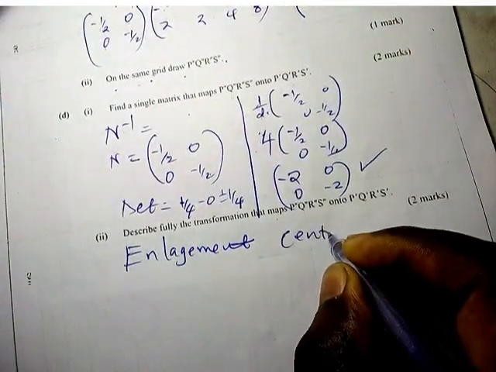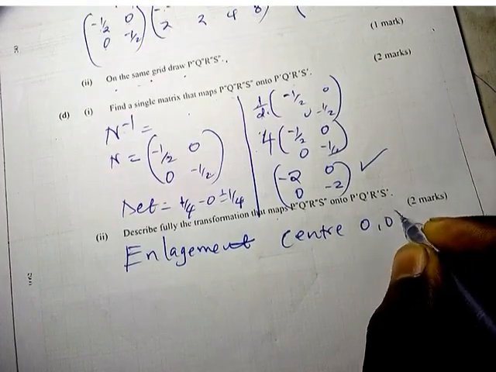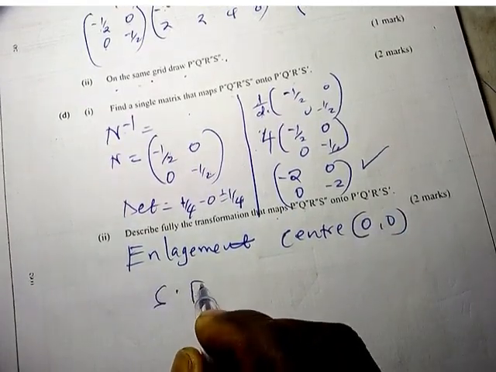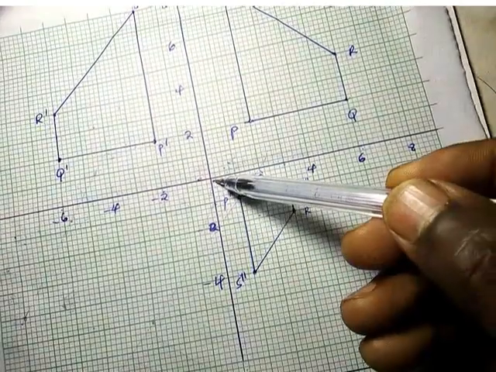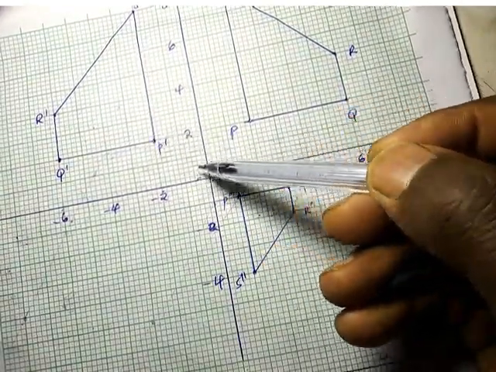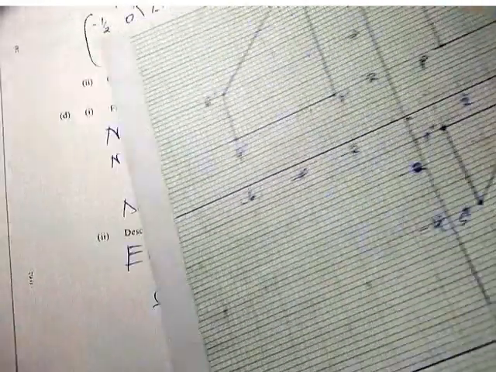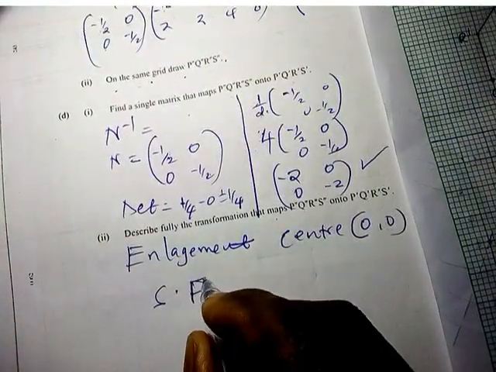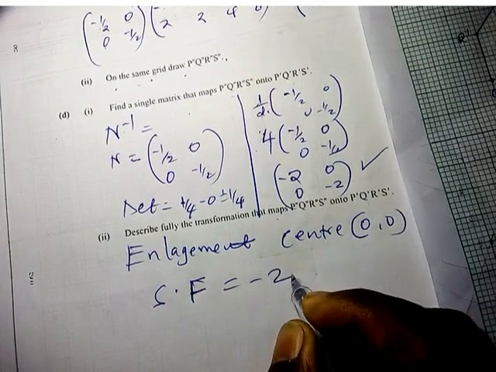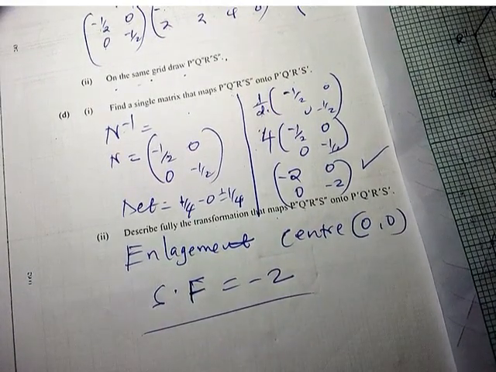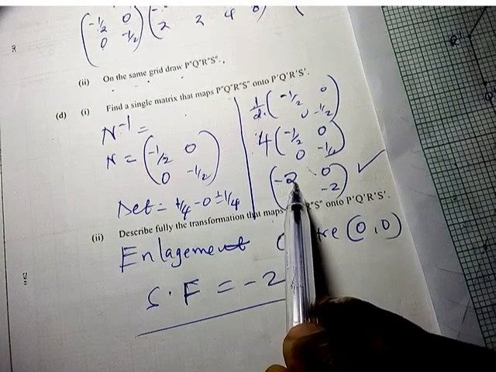Center O, scale factor, kutoka hapa mpaka hapa ni moja. Kutoka hapa mpaka the image itakuwa 1, 2. So scale factor negative 2. Even this one you can see the scale factor is negative 2.